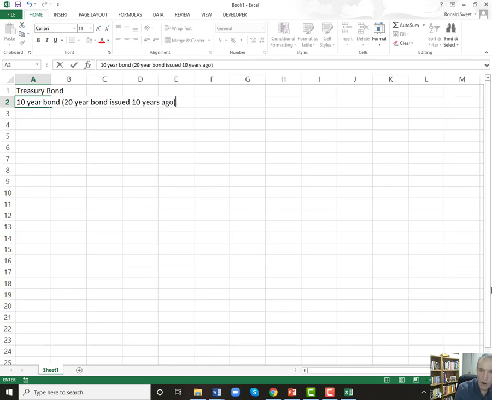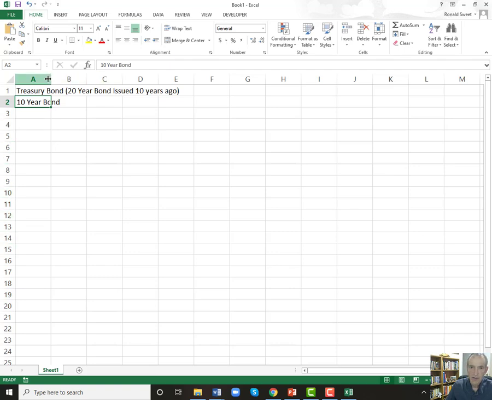So all we care about is how much time is left. So if it's a 20-year bond issued 10 years ago, yeah, it's a 10-year bond. All we care about is how much time is left, not when it was issued.